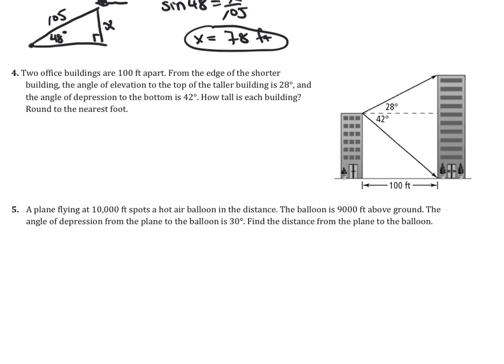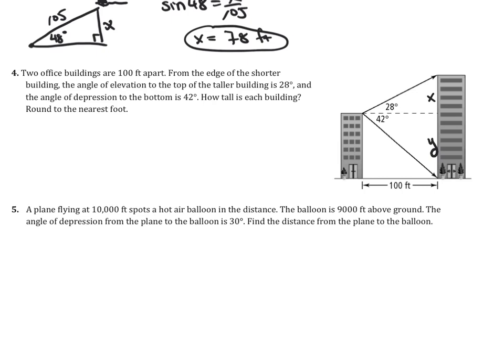From the edge of the shorter building, the angle of elevation is 28 degrees, and the angle of depression is 42 degrees. And we want to find out how tall each building is. So we'll call this x and that y. If we can find y, then we can find the height of the shorter building. If we can find x, we can add x and y to get the height of the taller building.